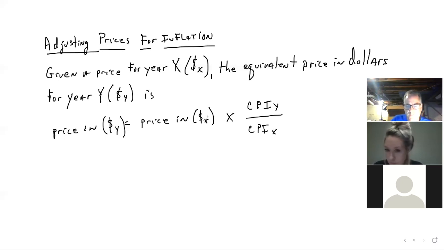That's the price you know. If you want to know how much it's going to cost you in year Y, you multiply that price you know by the CPI, Consumer Price Index, of year Y, divided by the CPI of year X.